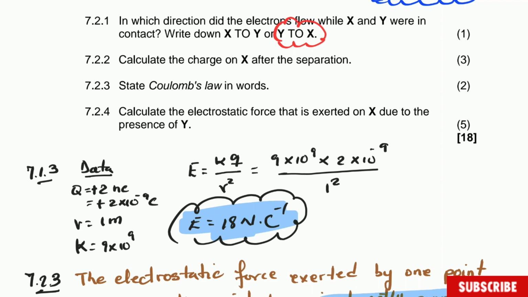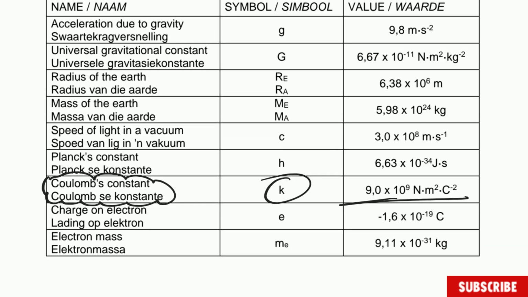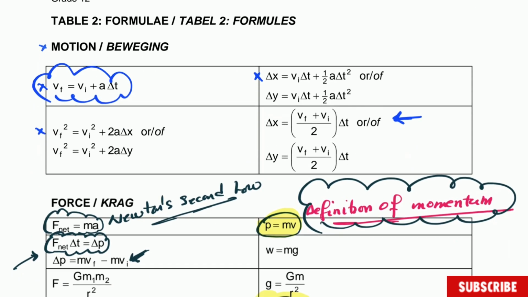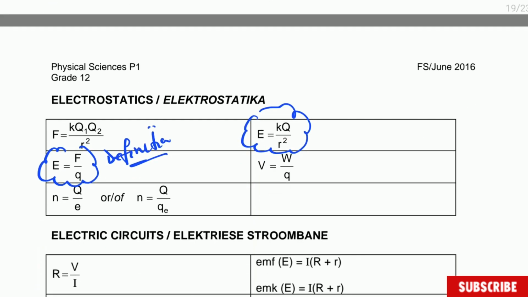Calculate the electrostatic force that is exerted on X due to the presence of Y. So for the electrostatic force, guys, we go into the formulas all the way down. I'm going to show you here. You go to the electrostatic section. Here is Coulomb's law and this is the formula you are going to use. Write this one there. Please don't memorize.